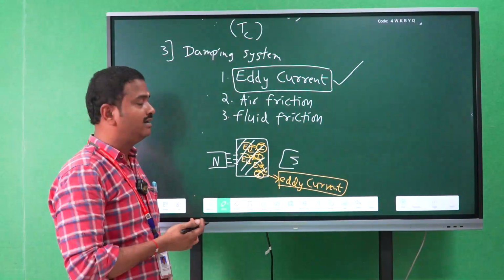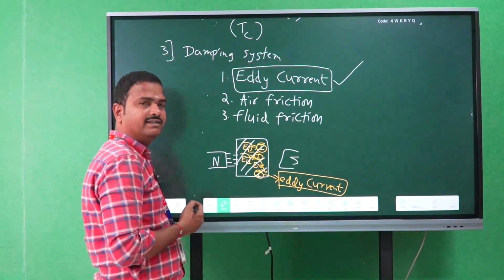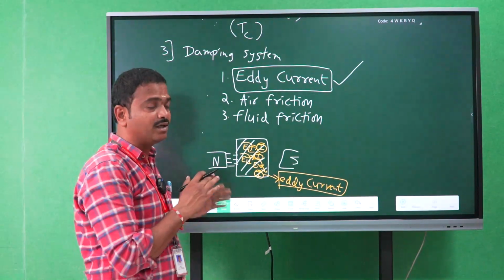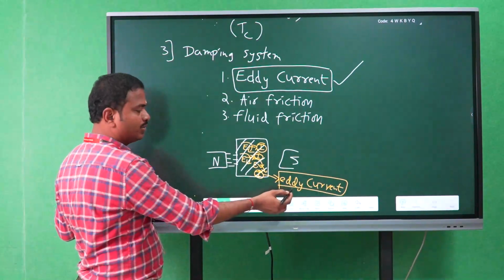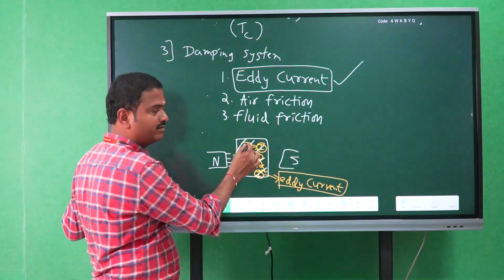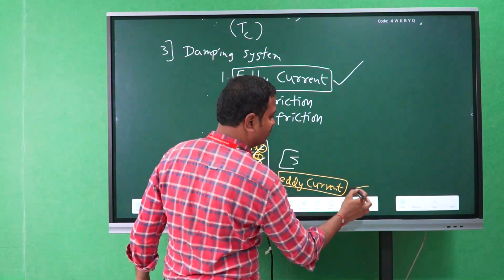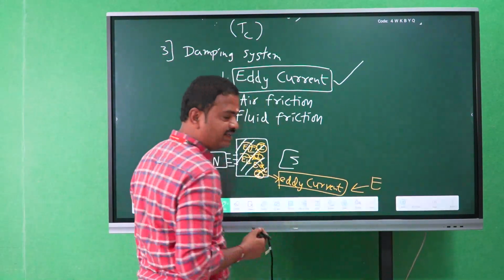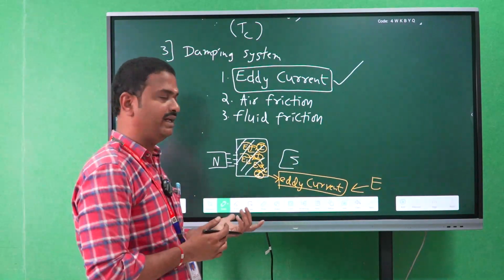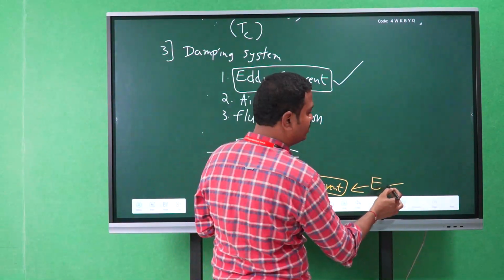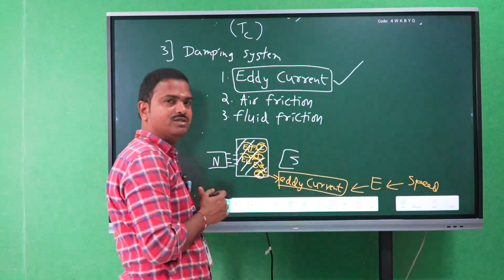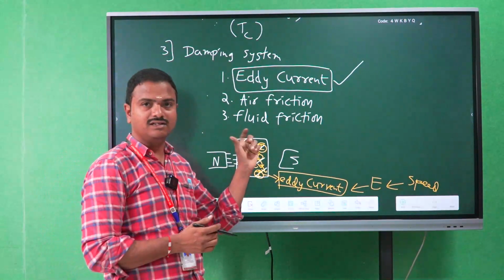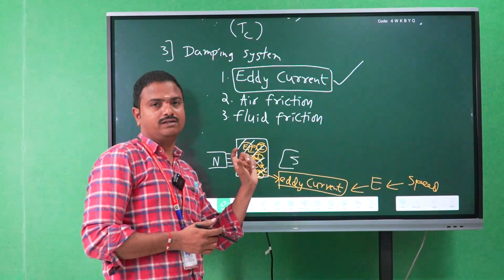According to Lenz's law, the direction of induced current opposes the very cause producing it, right? So eddy currents are produced due to the EMFs generated inside the plate. These EMFs are produced due to the relative speed. Relative speed means movement of the moving coil, movement of the moving system.